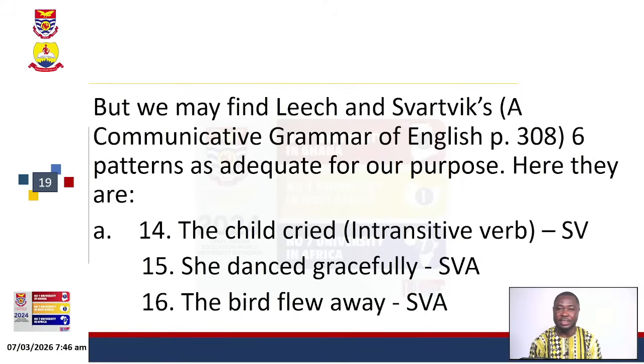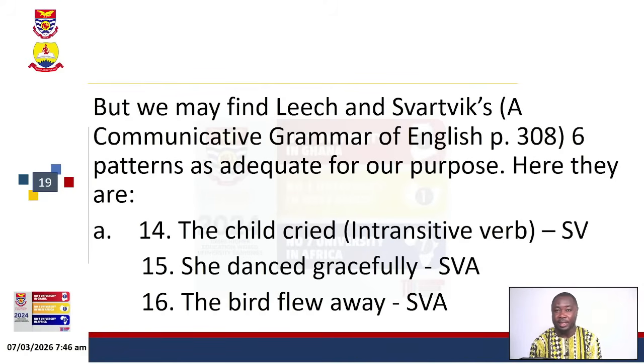And the patterns are SV. So what we are saying is that an English sentence can be constructed using subject and then verb only. So whenever you say the child cried, that is an SV pattern of an English sentence.